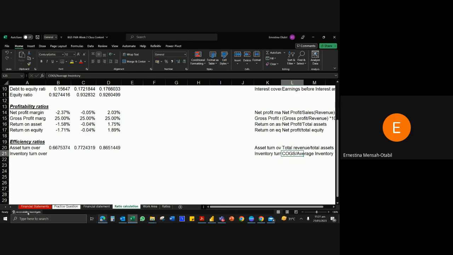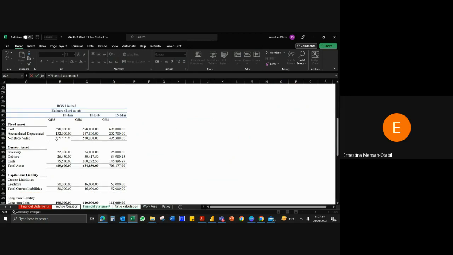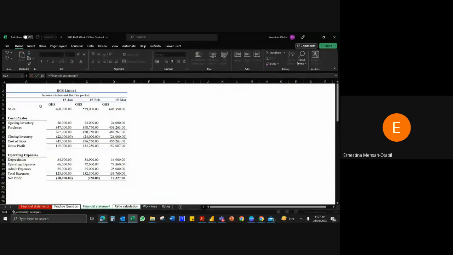So now let's compute inventory turnover, which is equal to the cost of goods sold. This is the cost of sales. We don't have the cost of goods sold here.